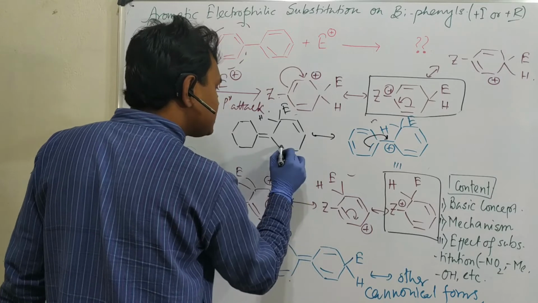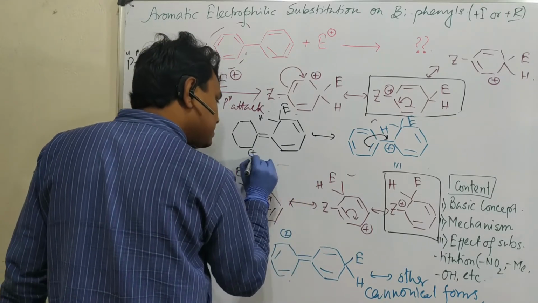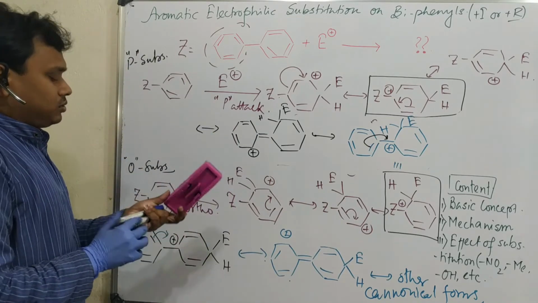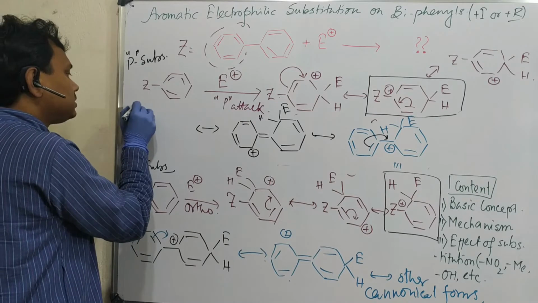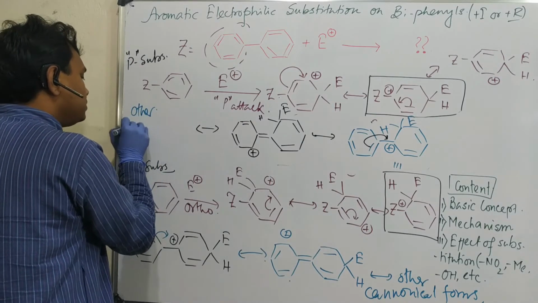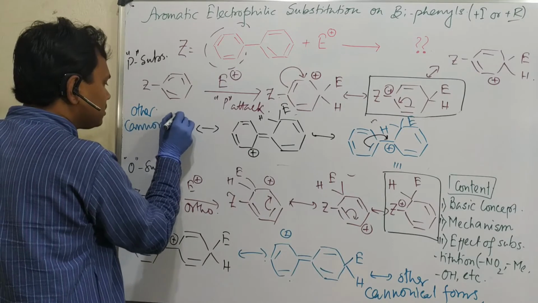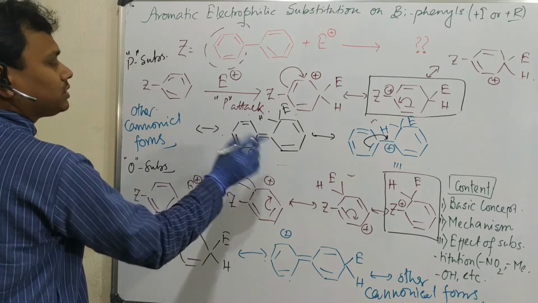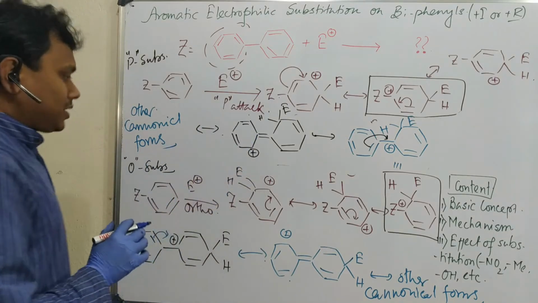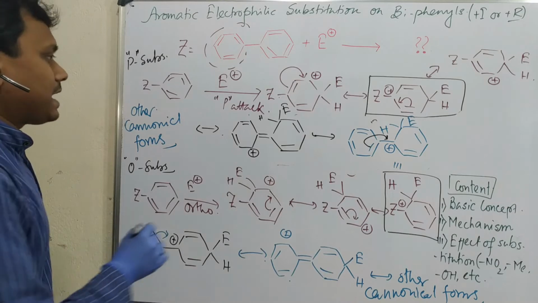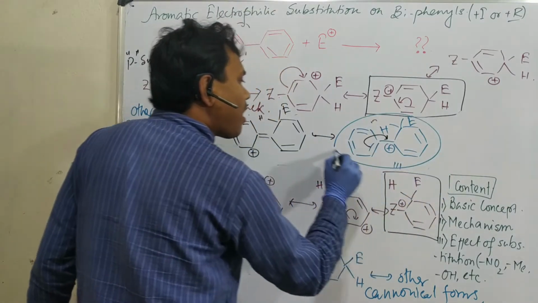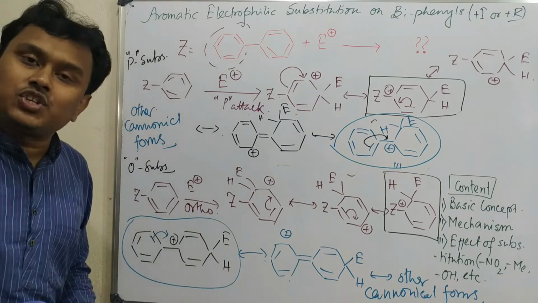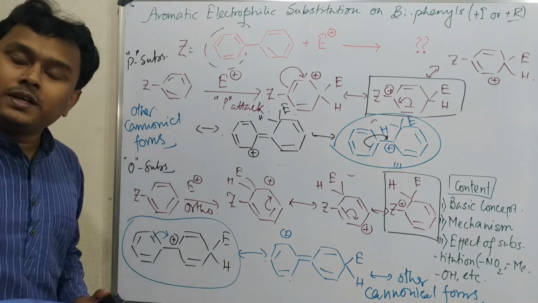Previously it was this, now the plus charge is on this side. So another canonical form is also possible, so in total there will be 3. Now the question is, what did we get from this: that this and this both are capable of providing stabilization for the corresponding sigma complex.